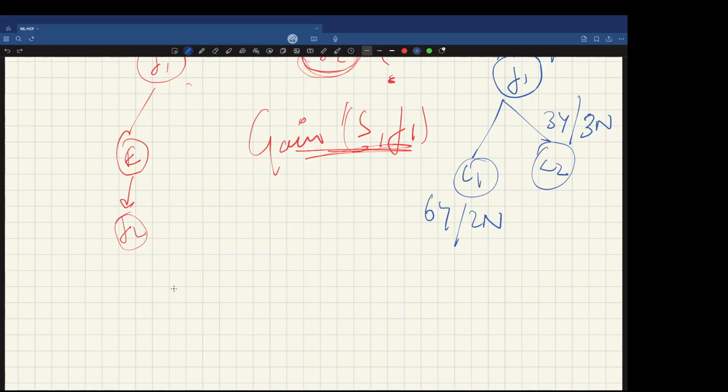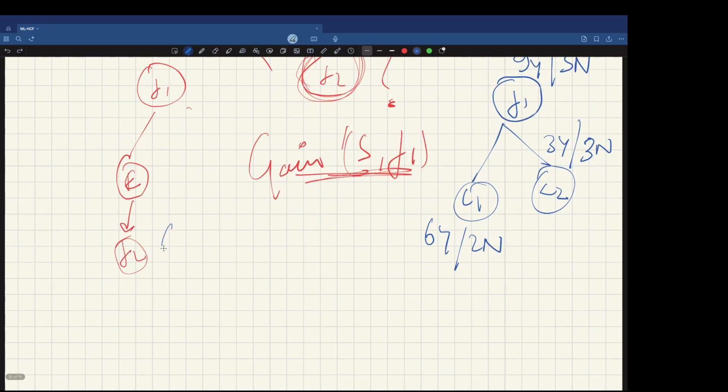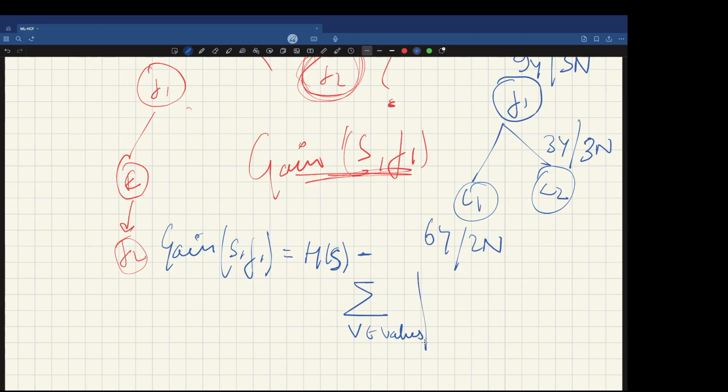So what is the formula for the gain, or how will we calculate it? Let's say this is the distribution. So the gain formula looks like: gain of S for F1, the selected column, is H of S minus the summation over v in values of |S_v| divided by |S|, multiplied by H of S_v.